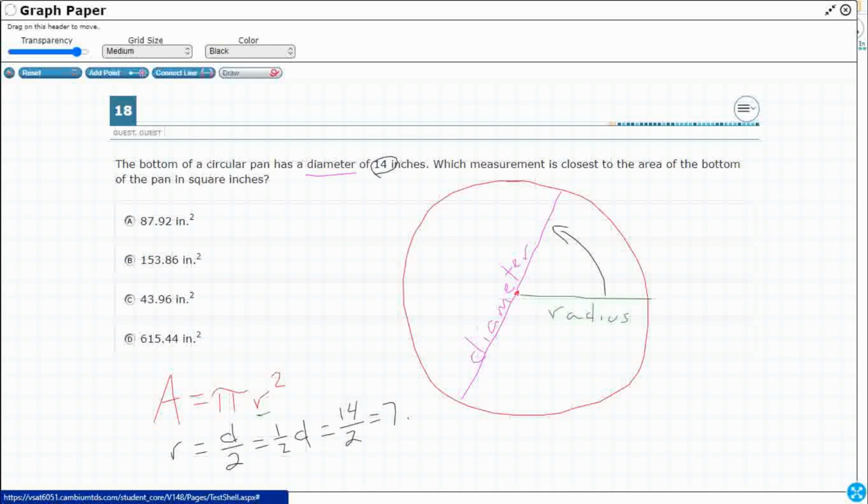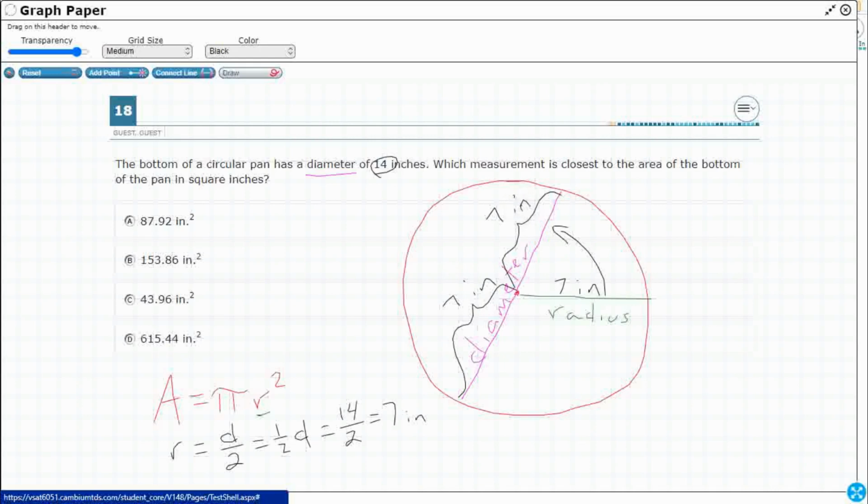So there we go, 7 inches. All right, so our radius here is, I'll label that 7 inches, which means the diameter is 14, right? Because you've got this right here is 7, if you really want to look at it. And then this right here is 7. So whenever you get your radius, you can find your diameter and vice versa.